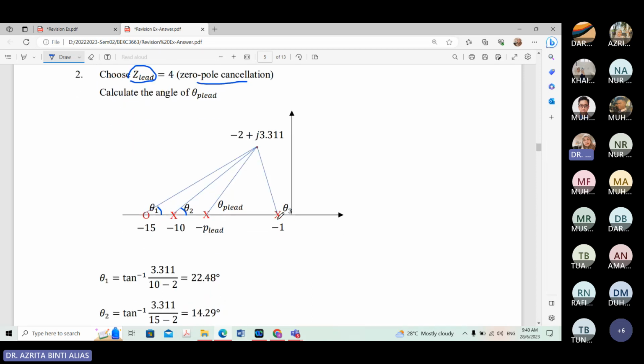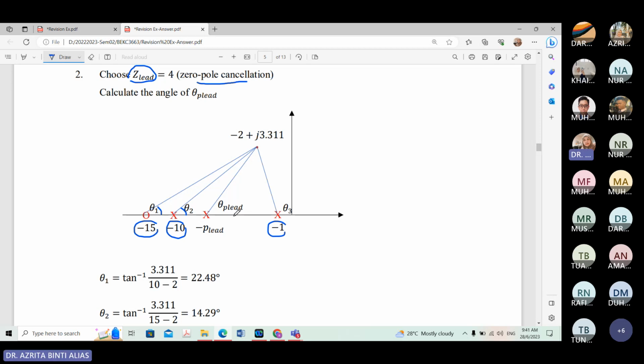From the system, we have poles at -1 and -10, and then we have the zero at -15.